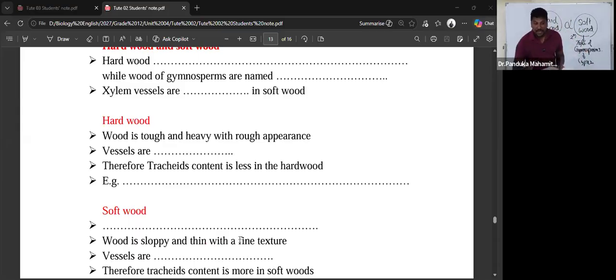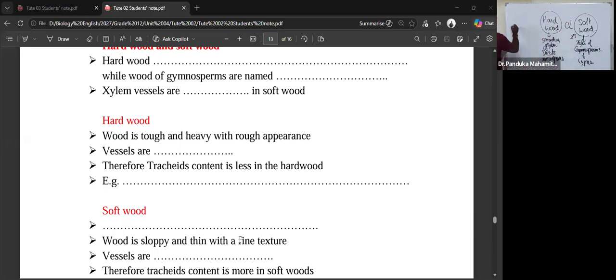Vessels are present in hardwood, and therefore tracheid content is less in the hardwood. So in angiosperms, hardwood, vessel element content is more, tracheid content is less. That is why it is more tough.